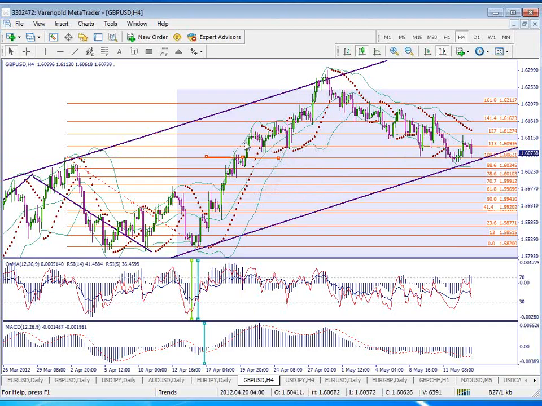In this way, when the pair is arriving at 100, I can protect somehow my profit, or put a stop loss in this area 70, 61.8, or just close the trade and look for the next.